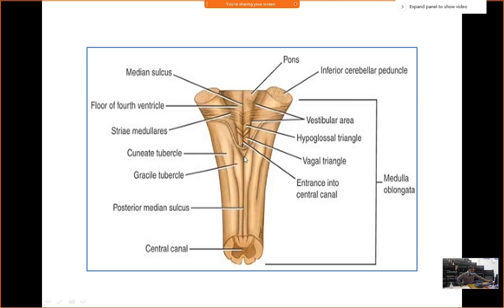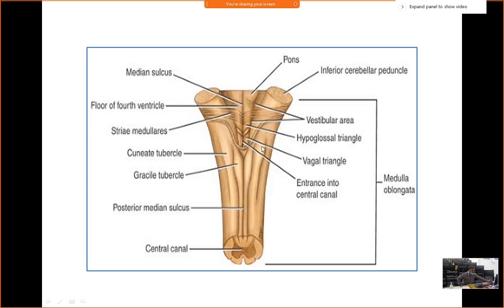In the dorsal part, this is our posteromedian sulcus. On either side of the posteromedian sulcus, there is an elevation. The medial one is called the fasciculus gracilis, and the lateral one is called the fasciculus cuneatus. The fasciculus gracilis ends as a tubercle called the gracile tubercle.